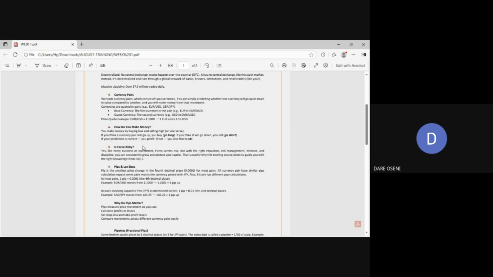A change in price is called a pip, and the meaning of pip is percentage change.